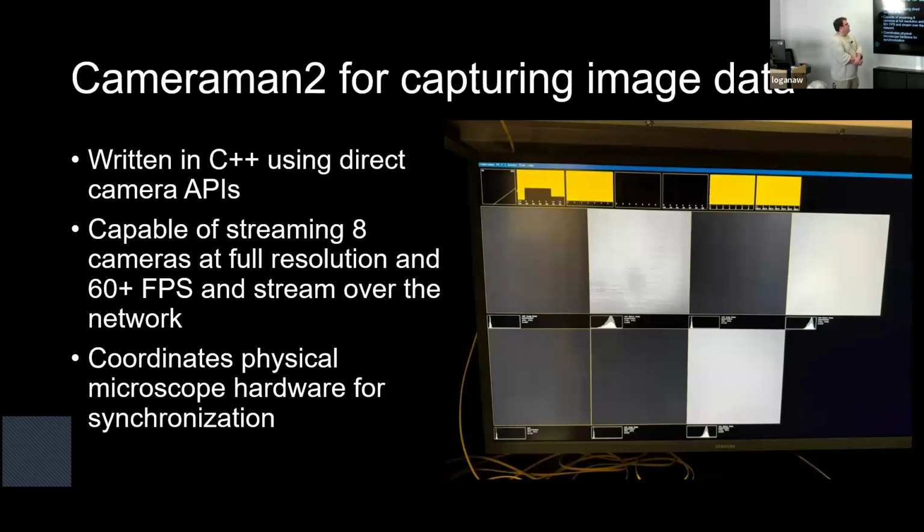One of the parts of this that is really important is that I sort of custom built all of the controller software for it. And so this is just a picture of one piece of it that we call Cameraman, and now we have a new version called Cameraman 2. It's a C++ Linux application. It's kind of ugly, but the key thing here is that this is actually running it with 7 cameras attached to the computer.